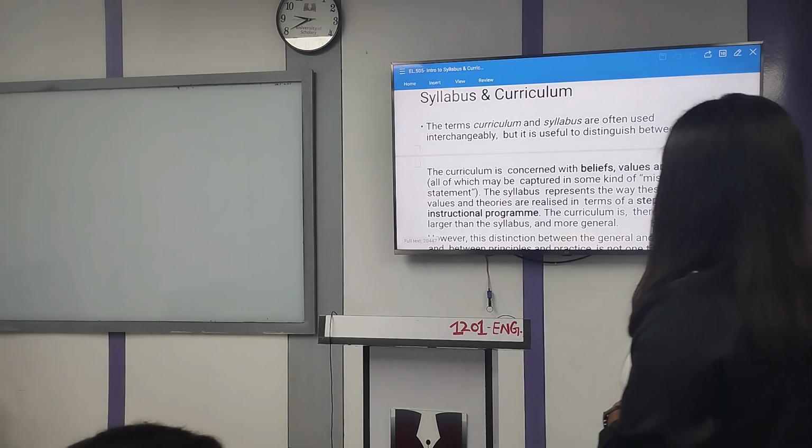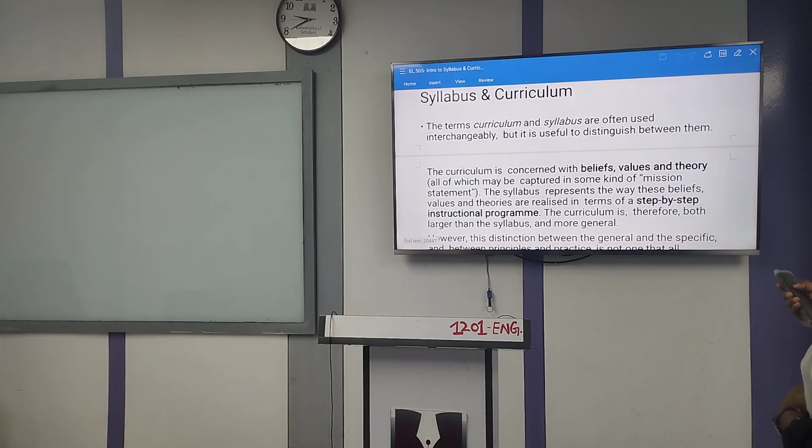So the syllabus represents the way these beliefs, values, theories are realized in terms of a stage-by-stage instructional program. The curriculum is therefore larger than the syllabus.